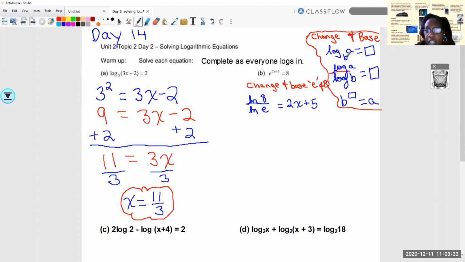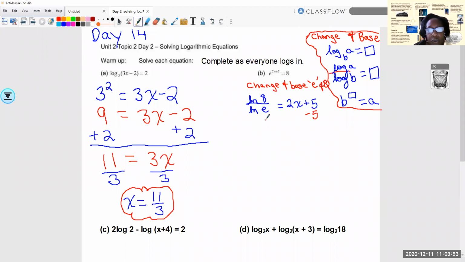And notice, way over here, going from exponential to log of base B of A, that's going to equal your exponent if it's over there. Okay, so now we have to solve for x. Looking at the x, this is linear. You take away 5 from both sides.